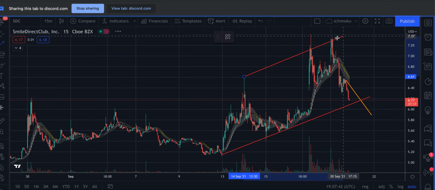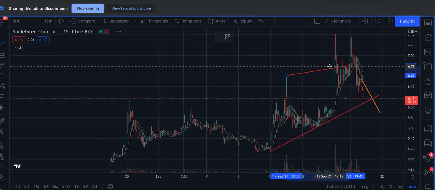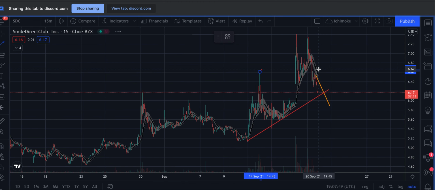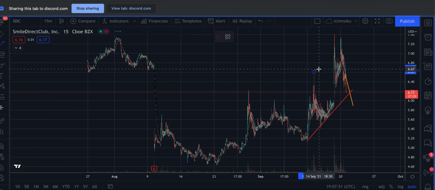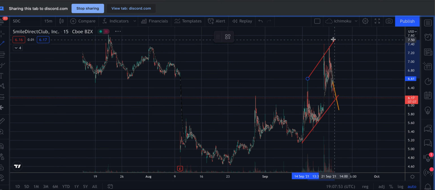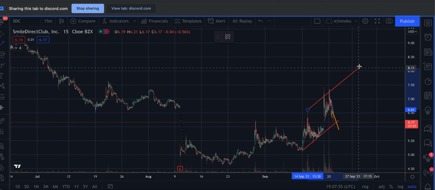Zoom out a little bit. Perfectly zoom this thing out. It's sometimes a pain in the butt on TradingView.